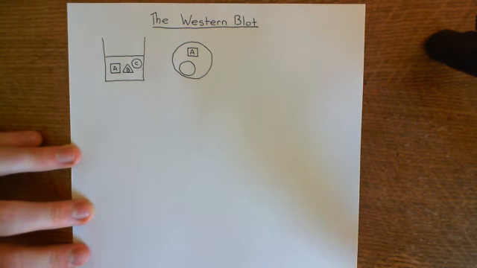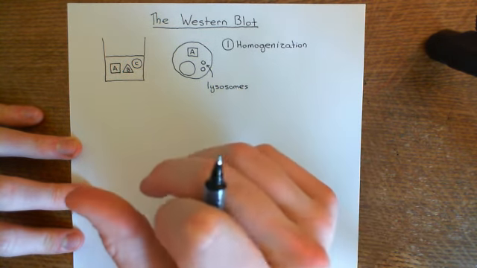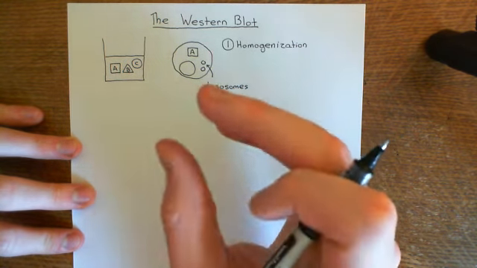You do not want your proteins to be denatured, and the problem is that within cells you have little vesicles called lysosomes, which are full of enzymes which break down proteins. So we need somehow to stop the enzymes within the lysosomes from breaking down the proteins, because as soon as we homogenize the cell, these lysosomes are going to be homogenized too, and all the enzymes within those lysosomes are going to be released, and they could denature our proteins, break them down.